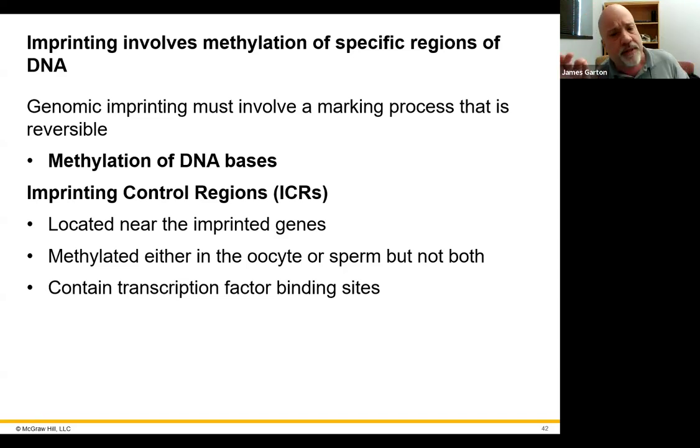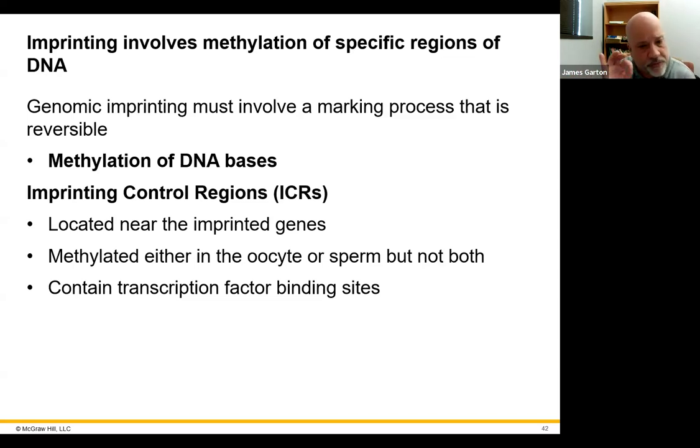And we call these imprinting control regions. Those control regions tend to be near the imprinted genes. The methylation usually causes the DNA to be overwound in those areas.